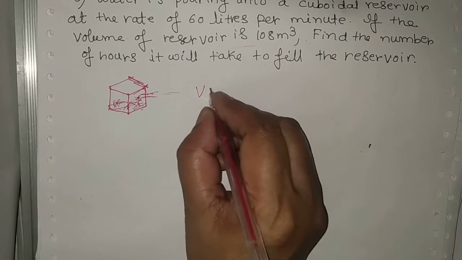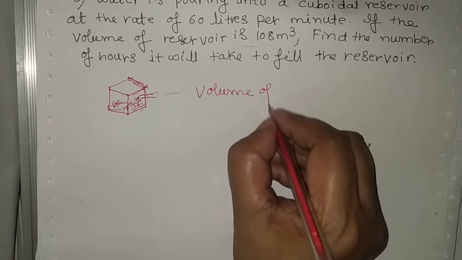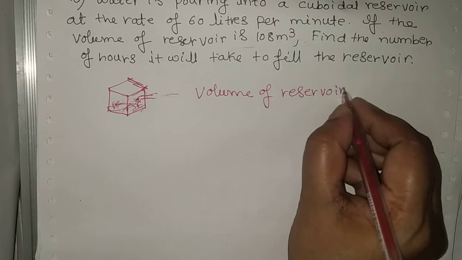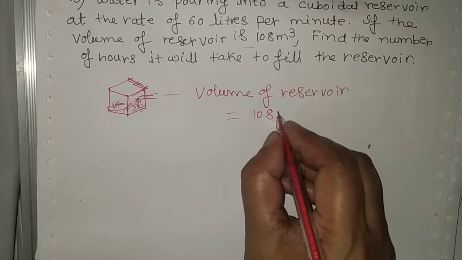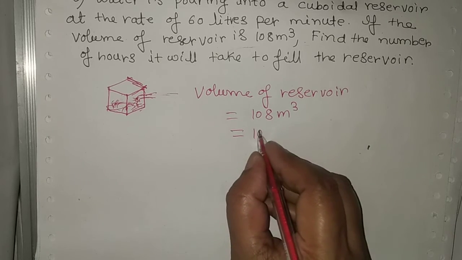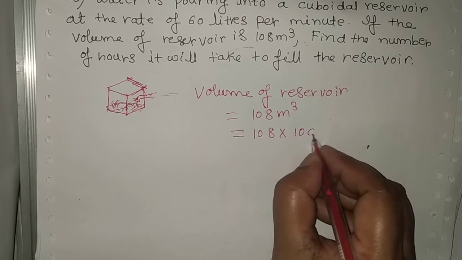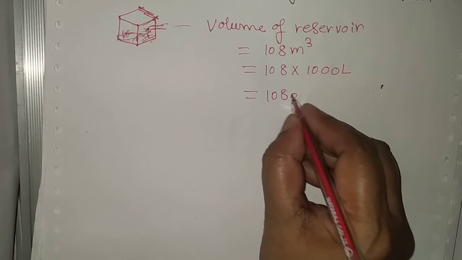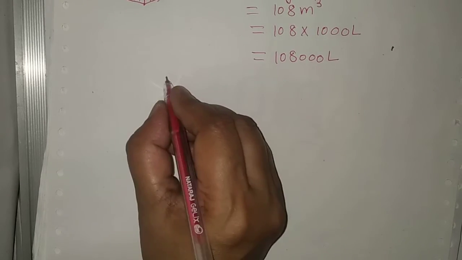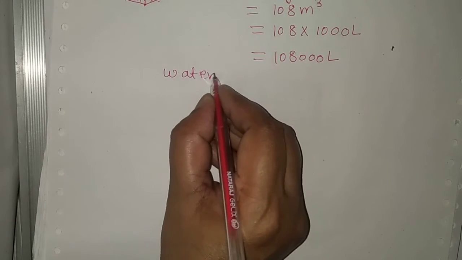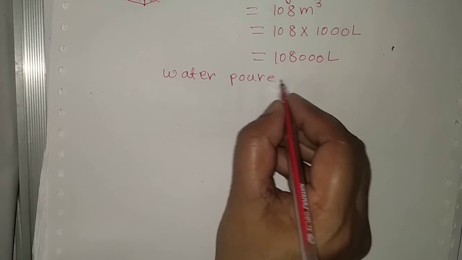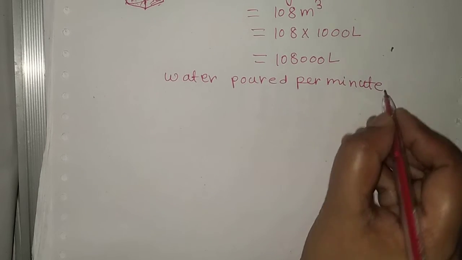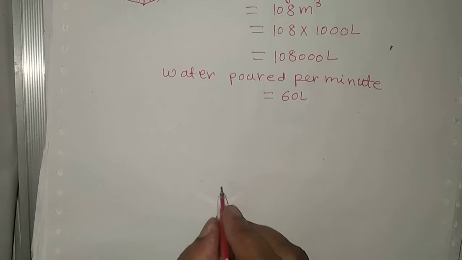So first step is the volume of the reservoir. They have given us 108 m3. So what we have to do is convert 108 m3 into liters. So we'll get 108 followed by 30 liters. Water poured per minute is equal to 60 liters.